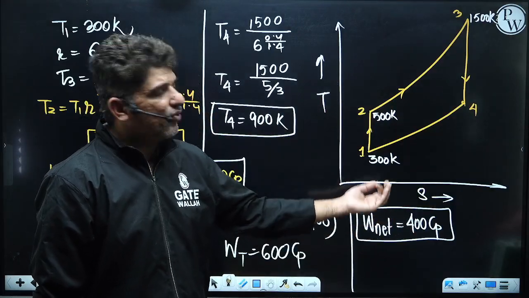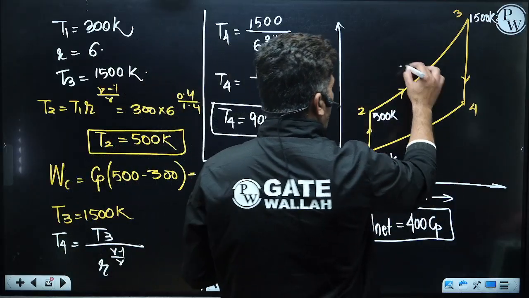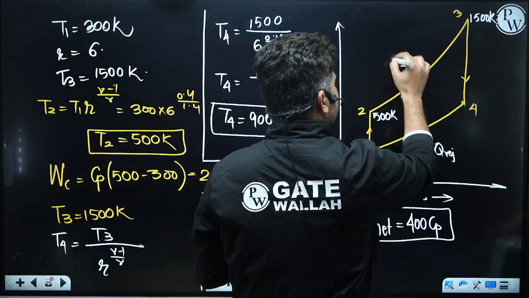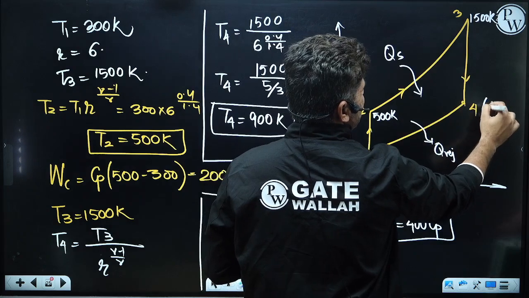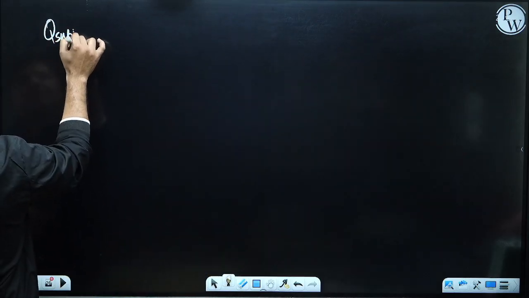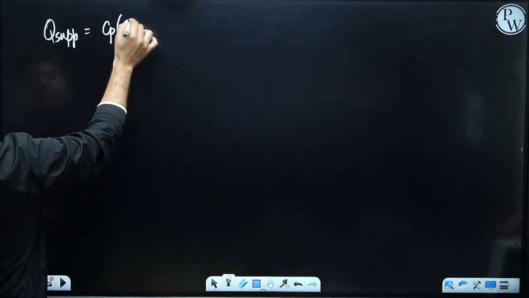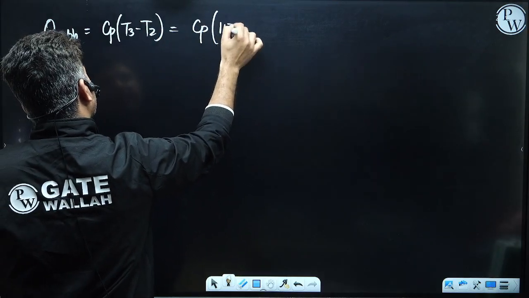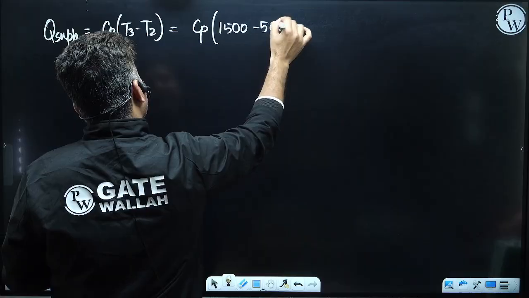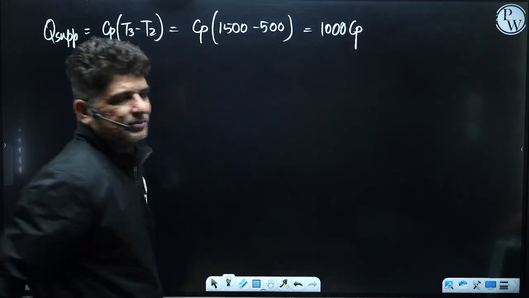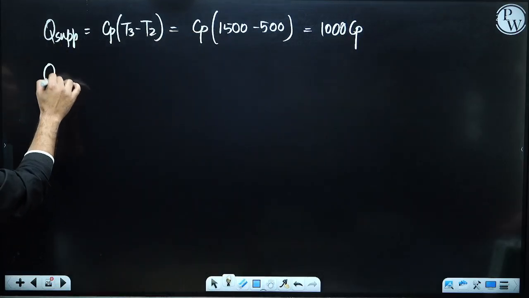But let's understand what is the heat supplied. What is the heat supplied that is happening and what is the heat rejection? How much is the heat supply and how much is the rejection? This is 900 Kelvin. To understand, heat supply is Cp into (T3 minus T2), and this will be Cp into (1500 minus 500), that is 1000 Cp. And what is the heat rejected?